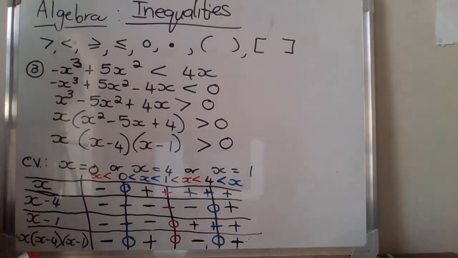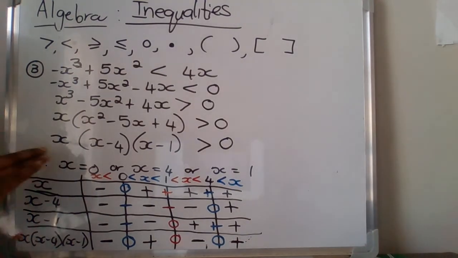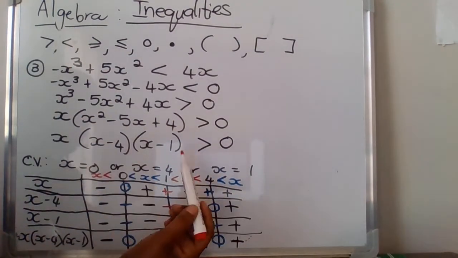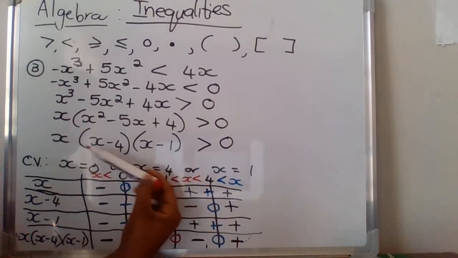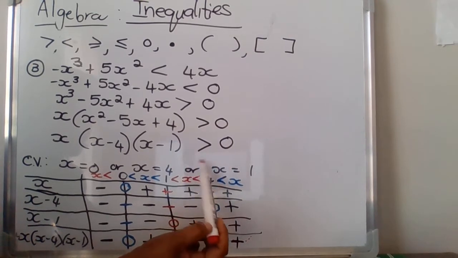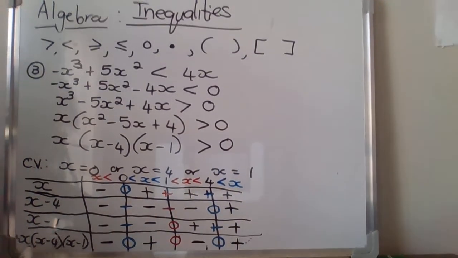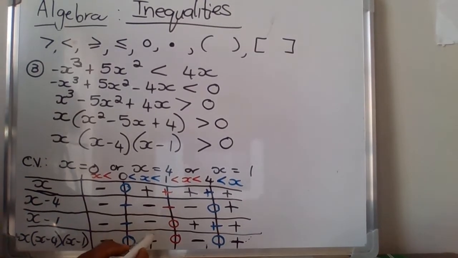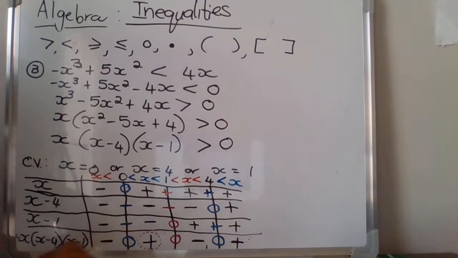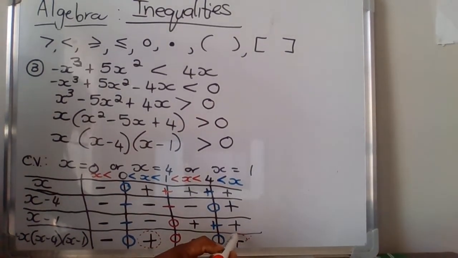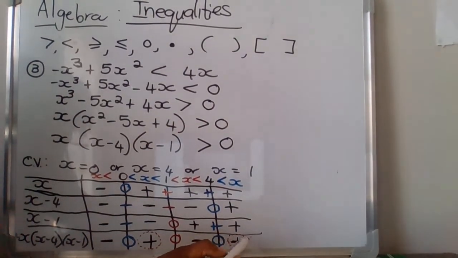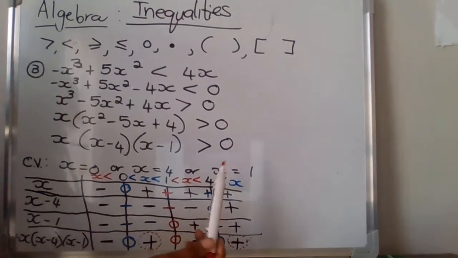So now let's go back to our inequality. We're looking for values of x where, when you multiply them, you get a number that is greater than 0. So where is my product positive? My product is positive when it lies here, and it's also positive when it lies there. Are we looking for when it equals 0?